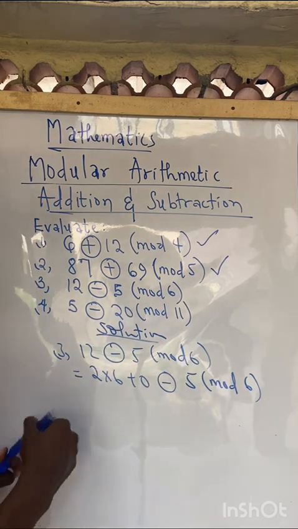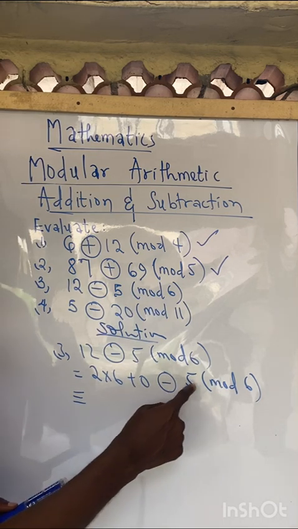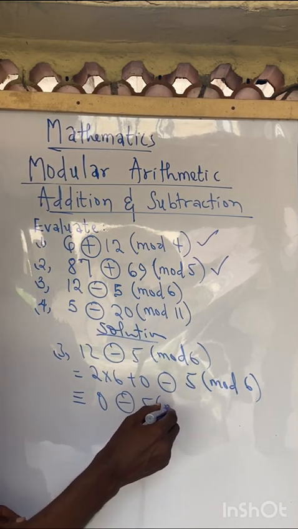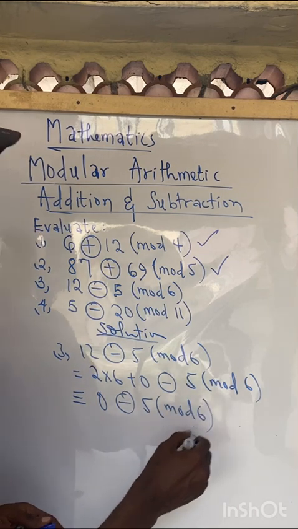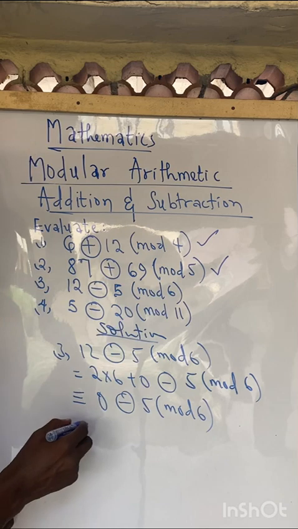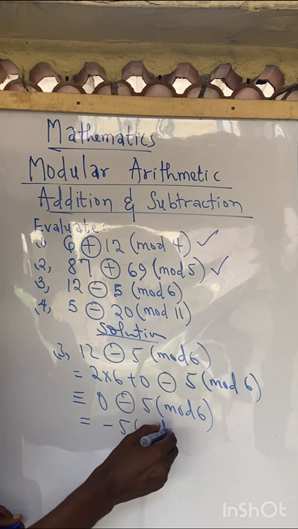Now let's go for 0 and go for 5. That's 0 minus 5 mod 6. Now 0 minus 5 normally is minus 5. That's minus 5 mod 6.